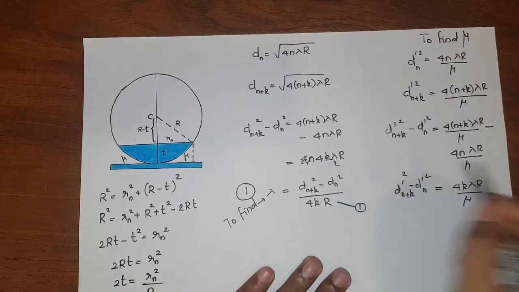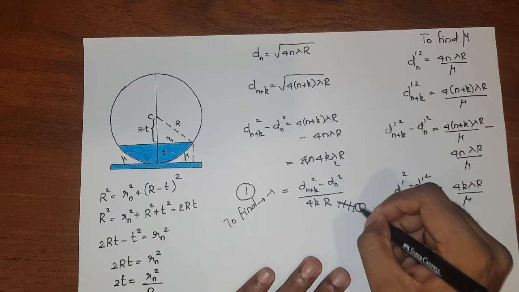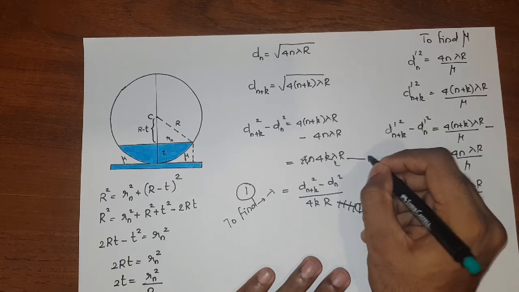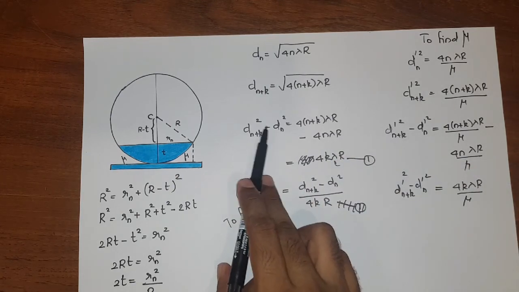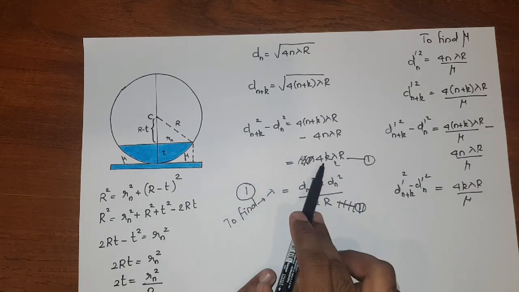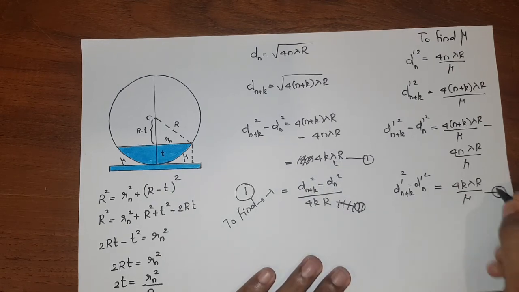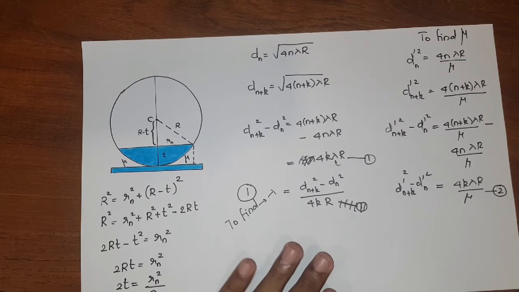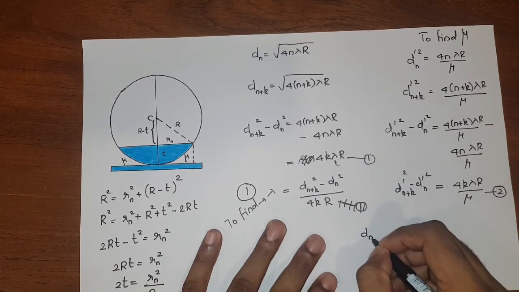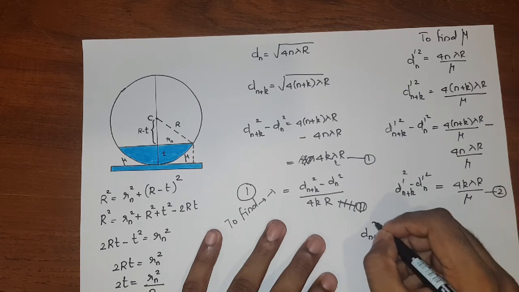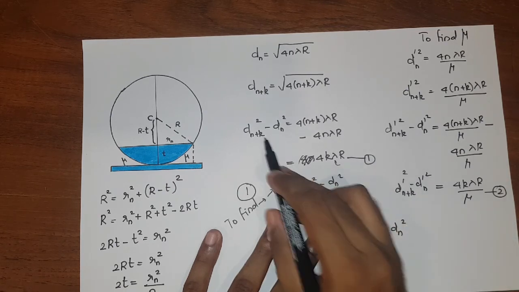So I'm going to call the earlier equation as 1. That is D(n+k) square minus D(n) square is equal to 4kλR. Now I am dividing the first equation with the second one. What will I get? D(n+k) square minus D(n) square is the left hand side.